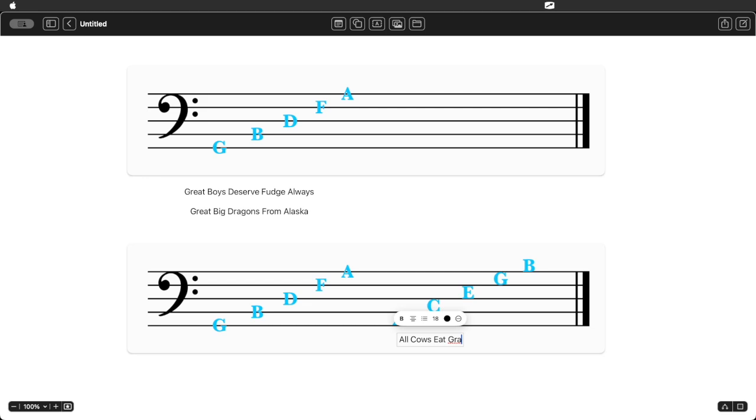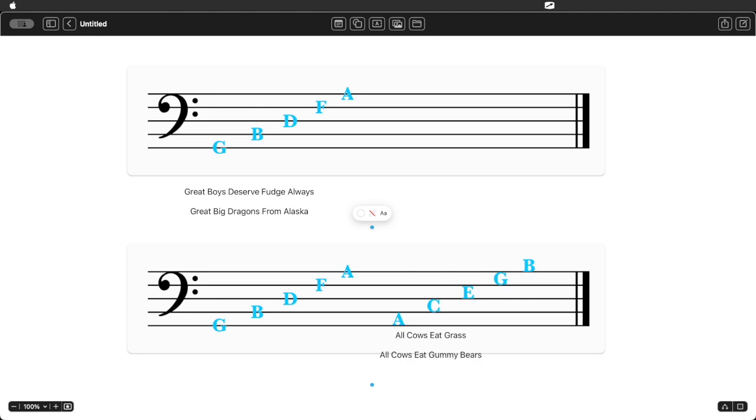You may have heard that one before, particularly if you've studied piano or any bass clef instrument. Another one that I like, because you can include that B right up there at the top, right? You have that B that we added on the top line, on the 5th line, and we could do All Cows Eat Gummy Bears. Kind of like that one. Gives you a little extra note to memorize there. It's kind of an easier mnemonic device.